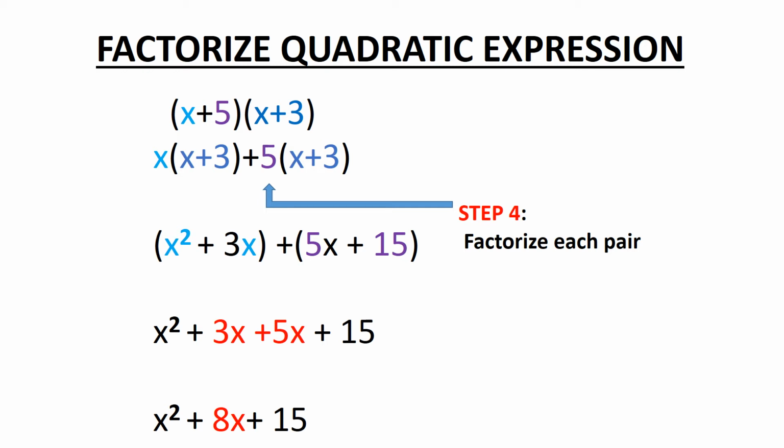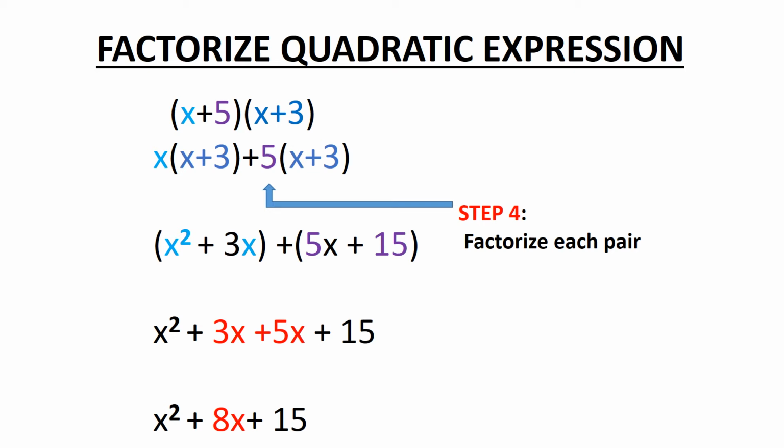When I divide x squared by x, my result is x. When I divide 3x by x, my result is 3. So when I factorize x squared plus 3x, my result is x, open bracket, x plus 3.